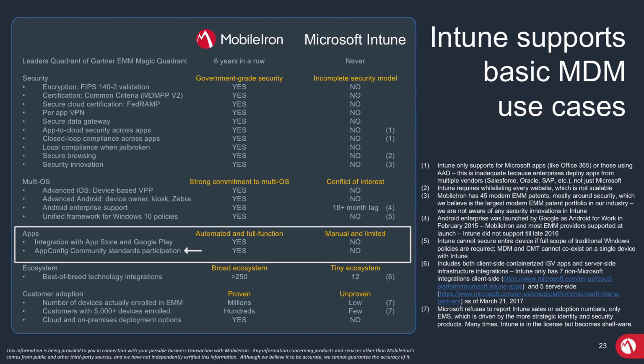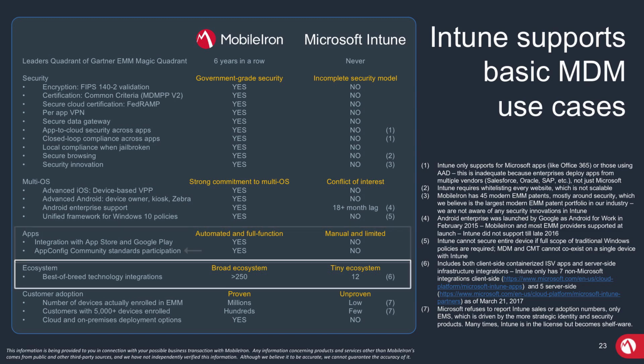Even now, over a year since App Config community was launched, and the vast majority of EMM providers have become part of it, and over 100 ISVs, Microsoft is still not. And I believe this is an indication of how us and the rest of the EMM community are supportive of native standards, and Microsoft still struggles with that for Intune.